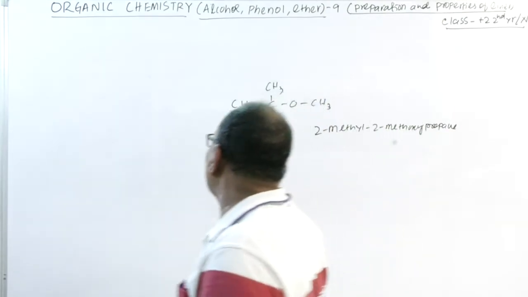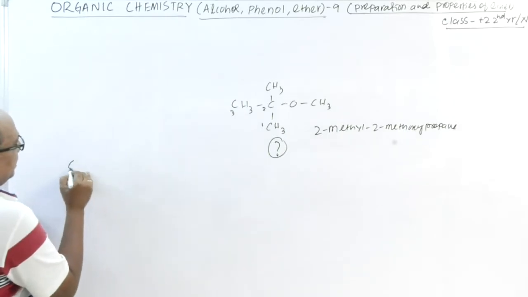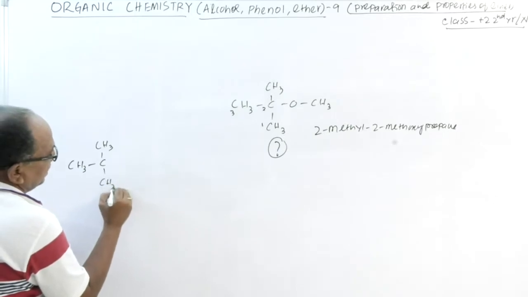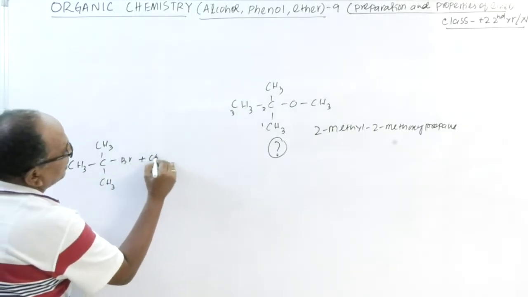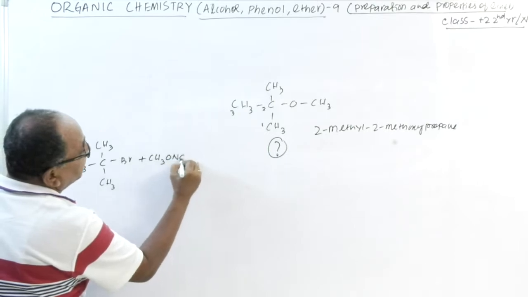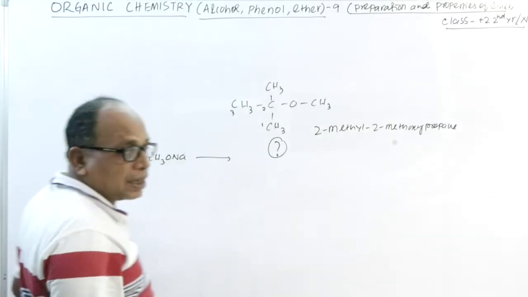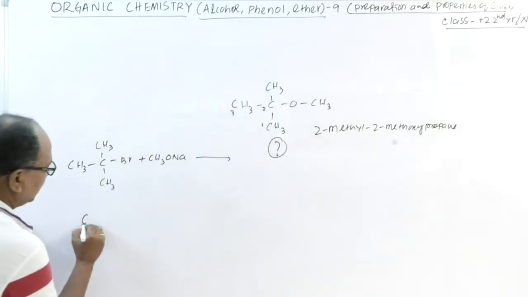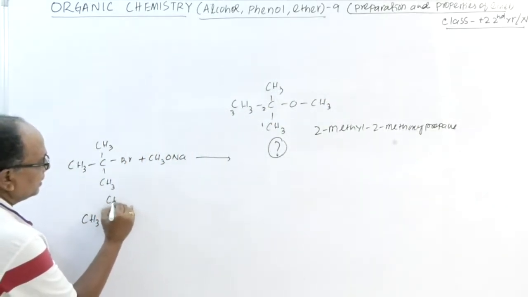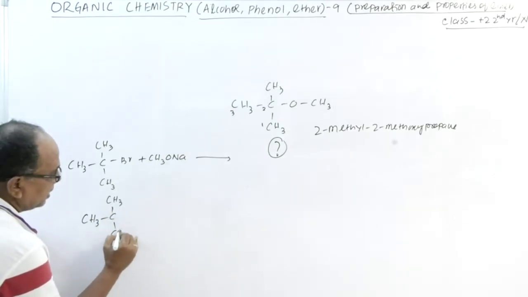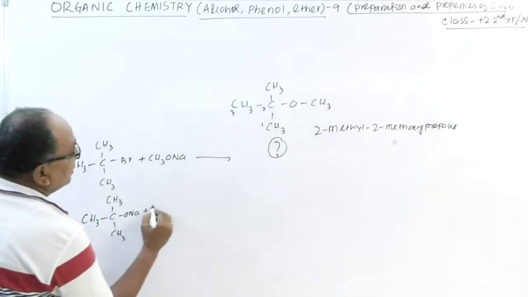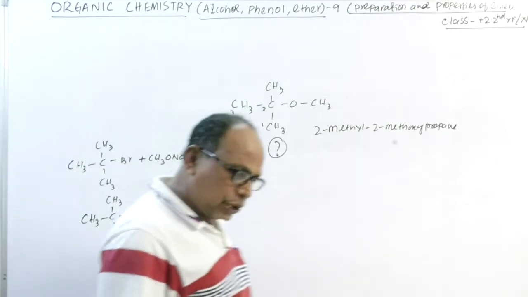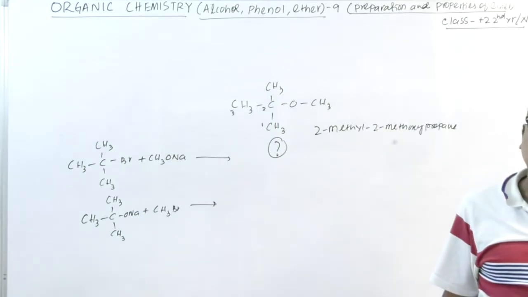So you will take two choices: one, CH3, C, CH3, CH3, Br plus CH3ONa, which may react to give that compound. Somebody says, no sir, this way: CH3, C, CH3, CH3, ONa plus CH3Br. Between these two, which is correct? Or both are correct?